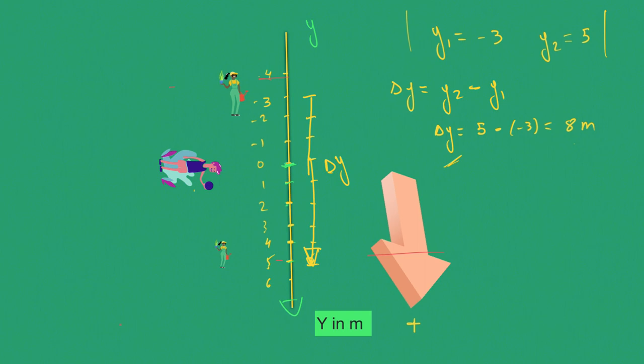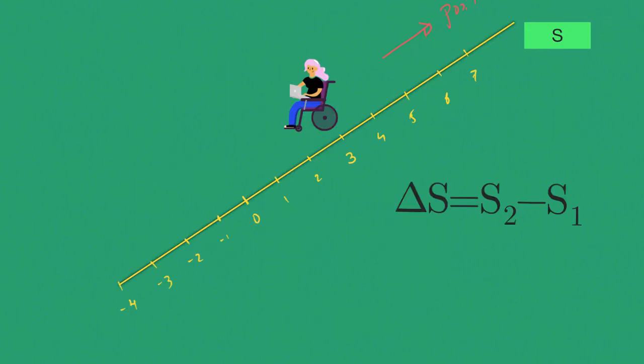If you see the other data of the previous example, you will see that delta y is 8 meters going up. Finally, if you decide not to use X or Y, and you decide to use the S direction, you may choose an observer at the 0.